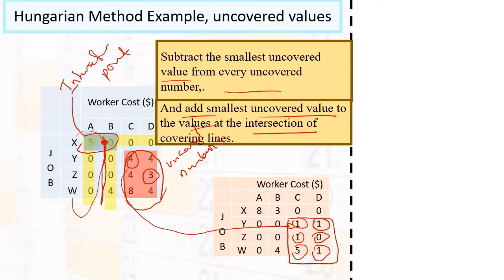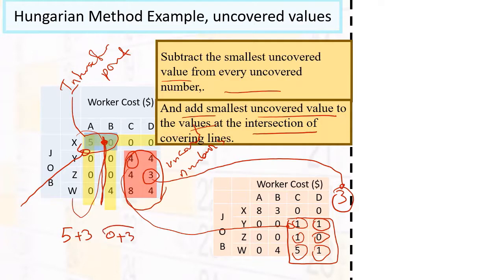And then we're going to take that 3, which is the smallest number in the uncovered value, and we're going to add it to the intersection points. So we have 5 plus 3 and 0 plus 3. Let's use a different color here.